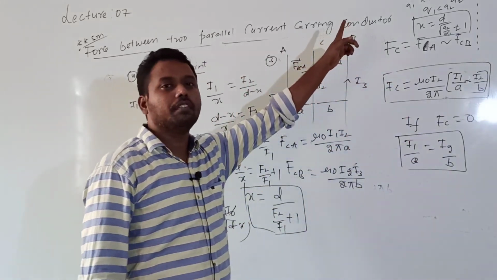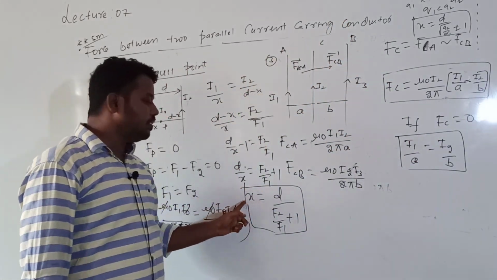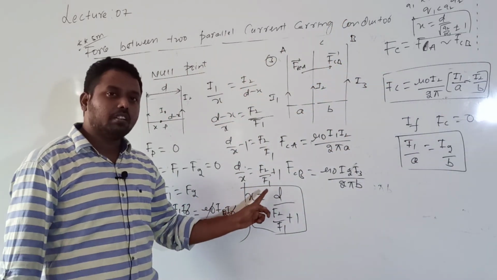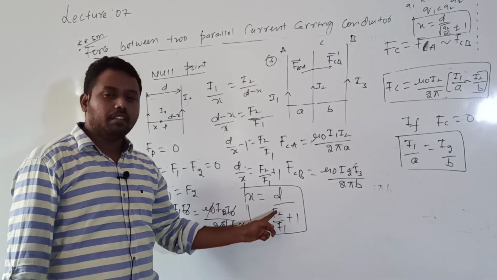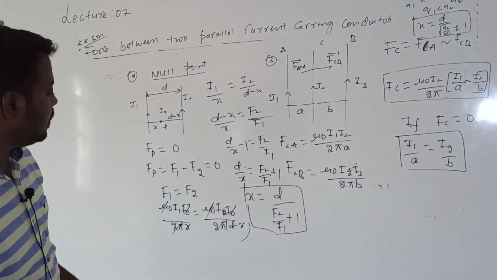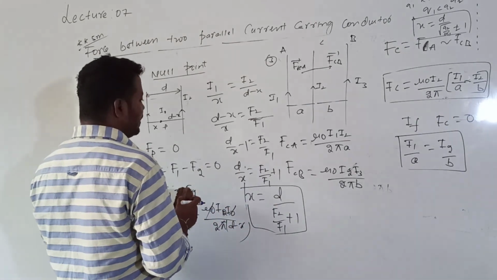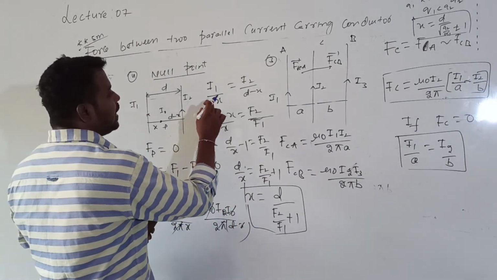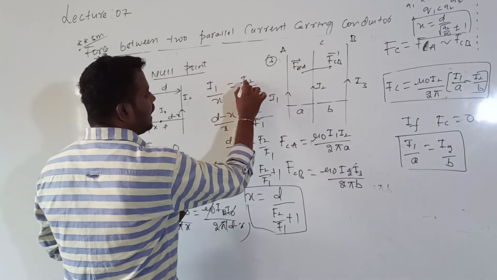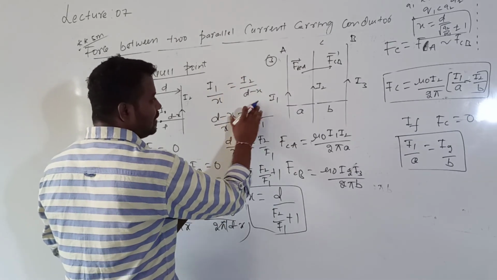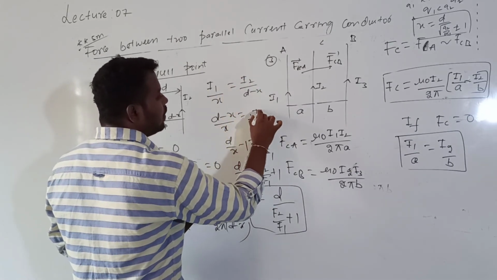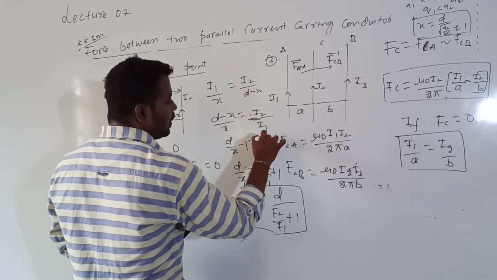Can you remember? The same formula here also we get: x is equal to d divided by, sorry, here it is not F2 by F1, this is I1 and I2, so this is the value of I2 by I1.